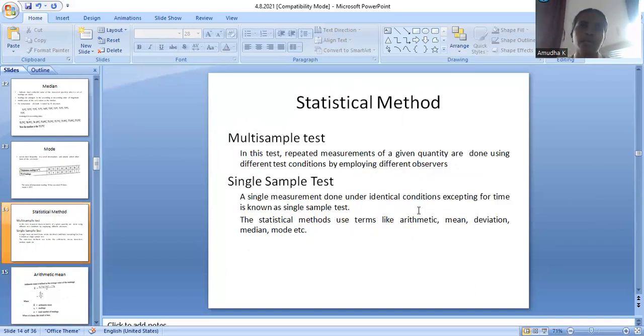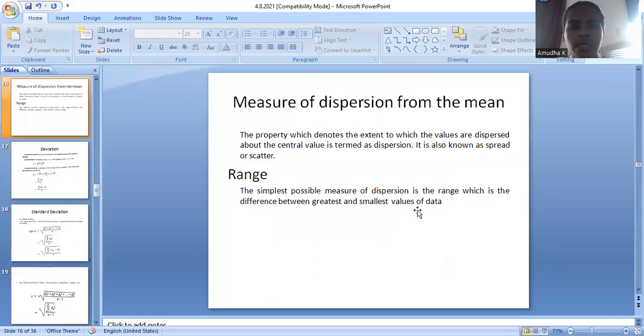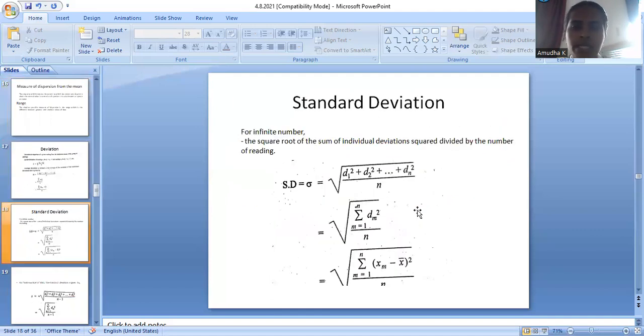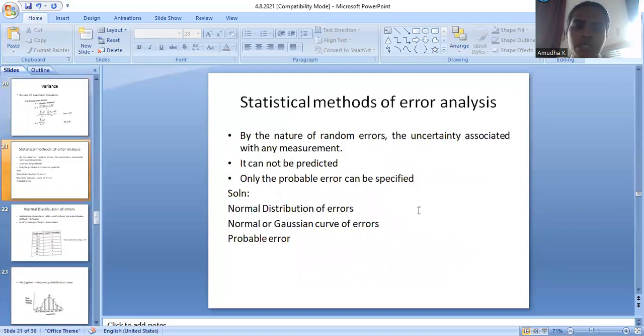In the statistical method, there are two ways we can analyze the error, but the parameters are the same: standard deviation, median, mode, variance, analyzed by either a single observer or multiple observers. So arithmetic mean and range, deviation, standard deviation, and variance are the same concepts in error measurement.